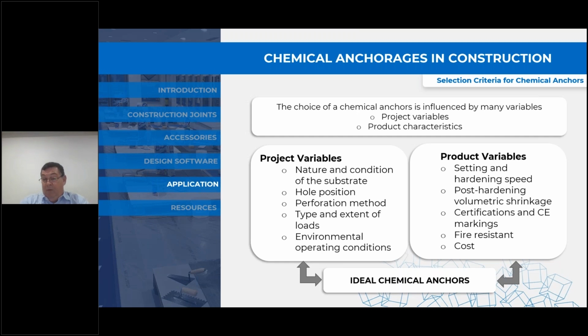Variables of the product, of course, setting and hardening times, post-hardening volumetric shrinkage. As I said before, the polyester resin has some shrinkage. Vinyl ester has also a little, but the 100% solids epoxies have no shrinkage. Fire resistance may be an issue, and also the cost. So between these, we'll come up with the ideal chemical anchor for the application.